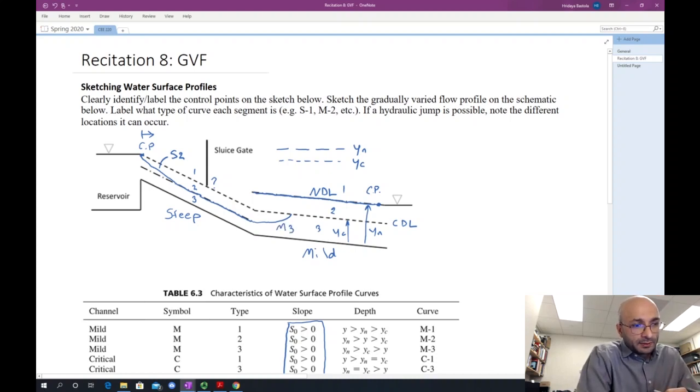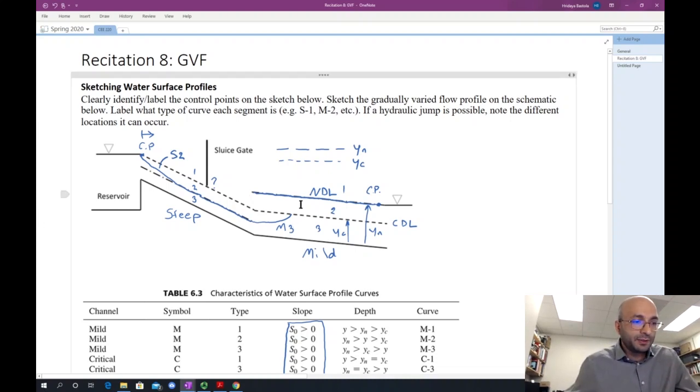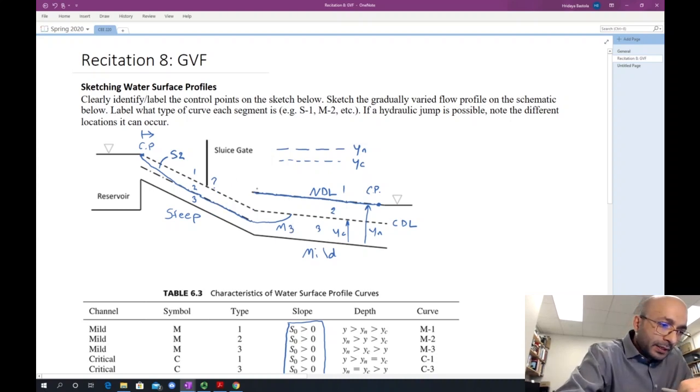The other possible location of hydraulic jump is within the steep portion of the channel, and the curve is going to take a large angle as it approaches the critical depth line.